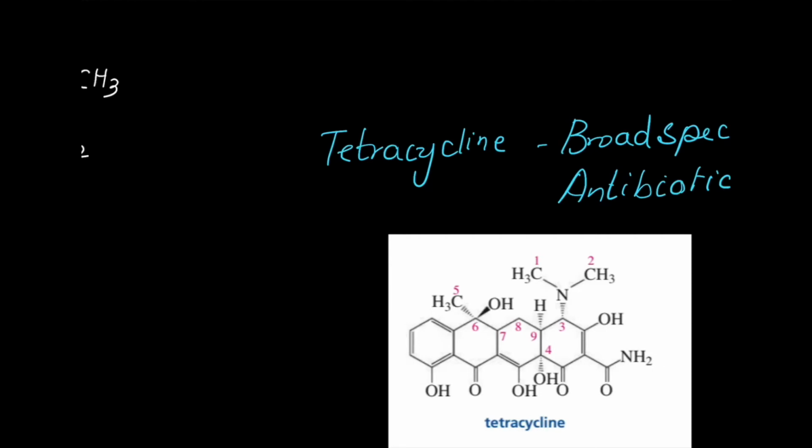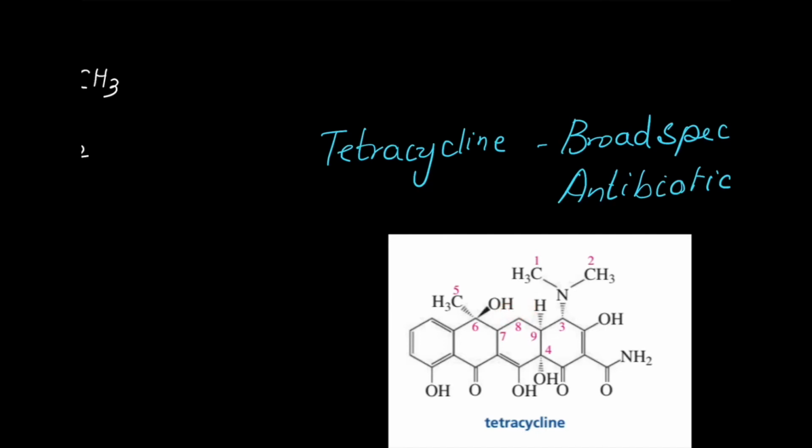Now, if you analyze the different sp3 carbons, we can tell definitely that this is not going to be a chiral center. This is not going to be a chiral center. This is not going to be a chiral center. And this one is not going to be a chiral center because you can see that there are two hydrogens on it.